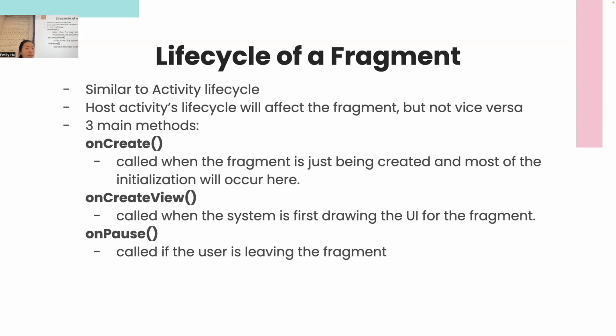It has three main methods that you would use. onCreate is called when the fragment is just being created, and most of the initialization will occur here, like initializing the UI elements and setting everything up. Then there's onCreateView. This is the system's first drawing of the UI for the fragment. A view is kind of like the box that you put the fragment in.